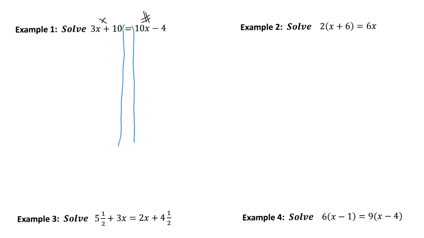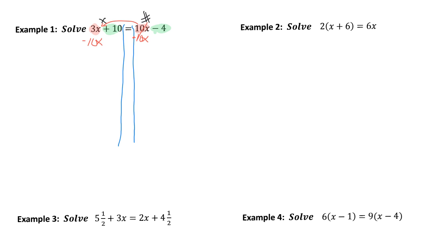So I'm going to put everything with an x on the same side and everything with a number on the same side. So I'm going to move this 10x to the other side. And I'm going to do that by subtracting 10x because this is a positive. So I still have to do the opposite operation, which is to subtract.